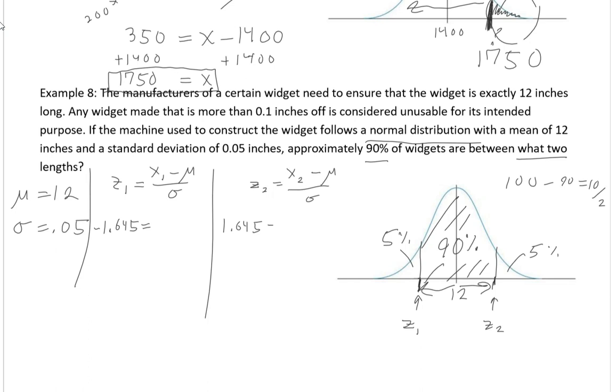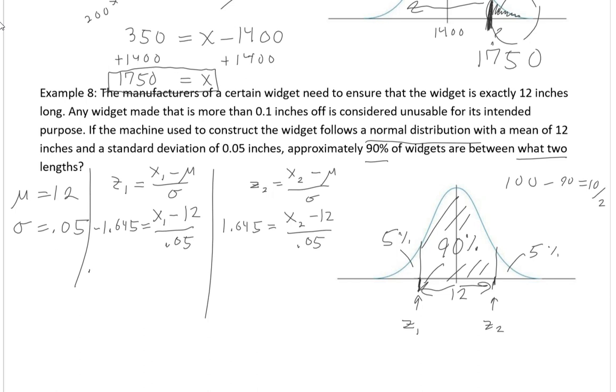All right, so that's what we're going to use. We found each of our z-scores, and we can find what the values would be corresponding to that. So we have x1 minus 12 divided by 0.05 in each of these, x2 minus 12 over 0.05. We can find what each of these values are. First, on both of them, I'm going to multiply by 0.05, so 1.645 times 0.05.